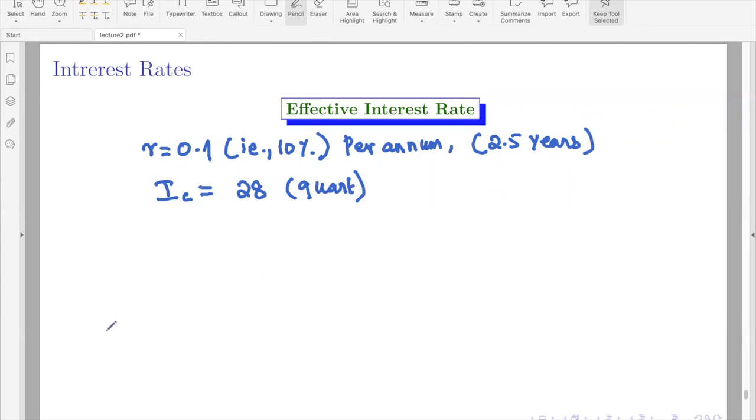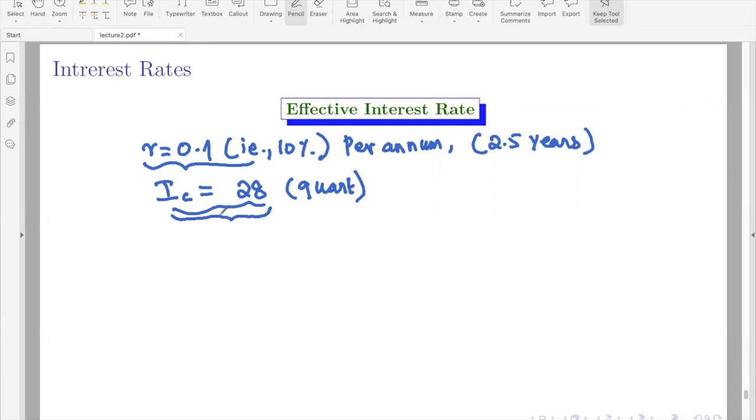In the monthly, we had 28.27. Let's take the first example. We had 28. Okay, so here you can see that although our interest rate was 10%, finally the net interest that we obtained was 28. That is due to the compounding nature of the scheme.